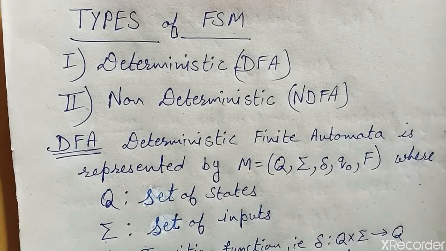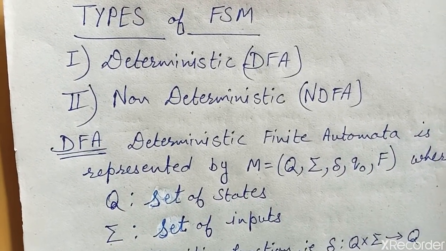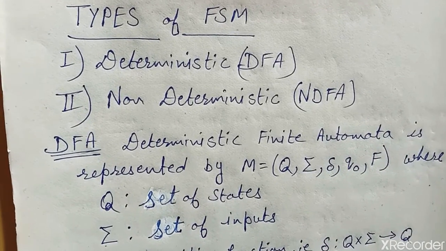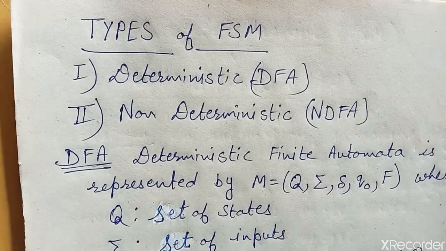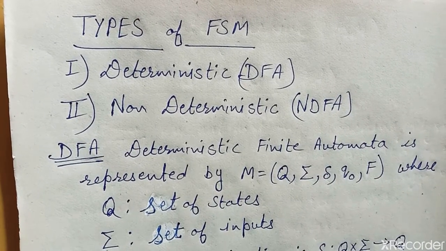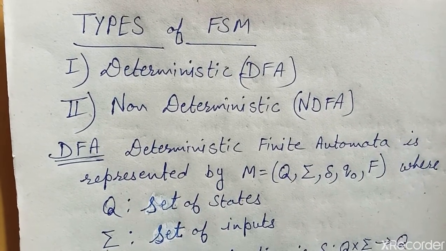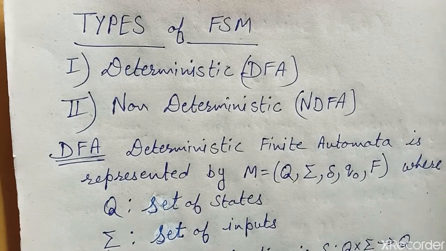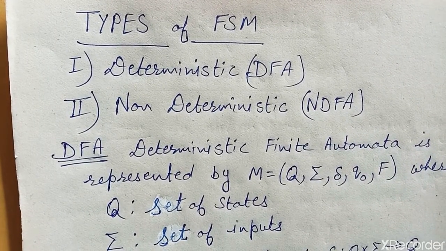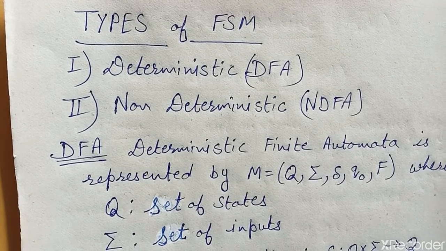पिछले वीडियो लेक्चर में हमने सीखा फाइनाइट स्टेट मशीन, जस्ट इंट्रोडक्टरी पार्ट ऑफ फाइनाइट स्टेट मशीन एंड हाउ टू रीड अ फाइनाइट स्टेट मशीन, how to represent a finite state machine in state transition diagram and state transition table.